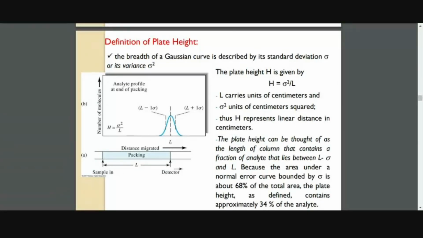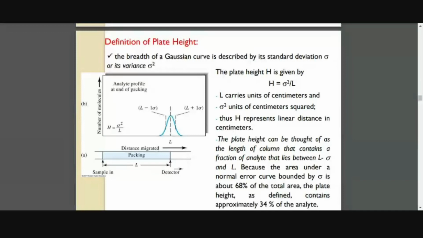Okay, let us continue. The plate height can be defined as the length of column that contains a fraction of analyte that lies between L minus sigma and L. I will repeat this.